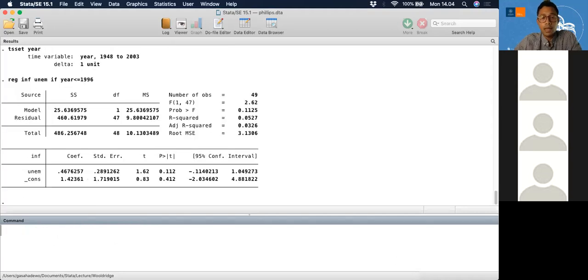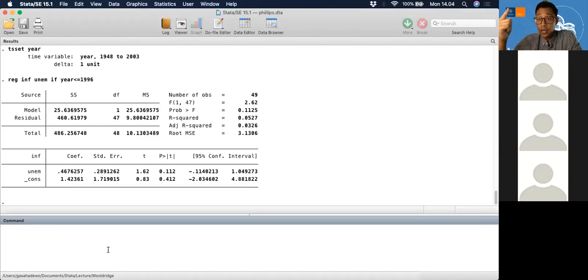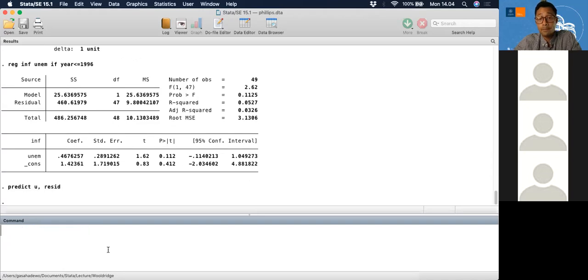And then after you do this regression, following up on step 2, you want to predict the residual. And once you predict the residual, you're going to regress the residual on the lag of the residual.